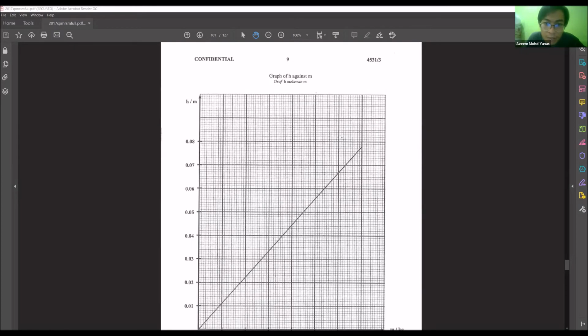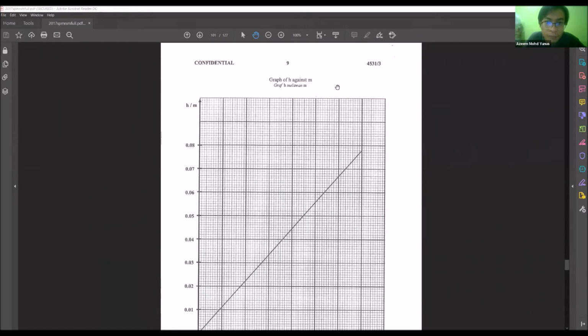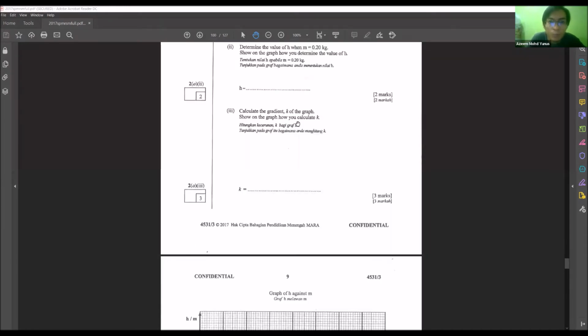Wait, that is not 0.08. I'm sorry. This is slightly below 0.08. So this is 0.078. 0.7, 0.078. Okay, so let's redo our gradient here.